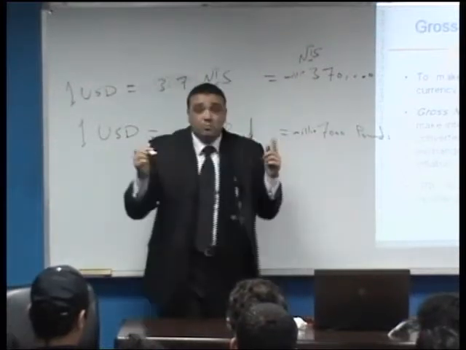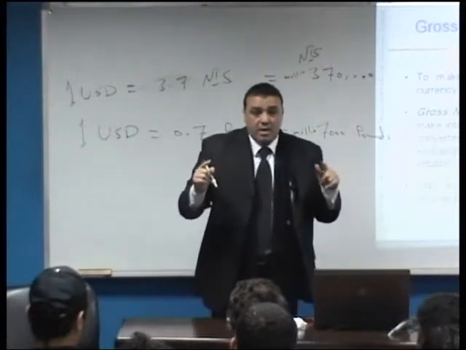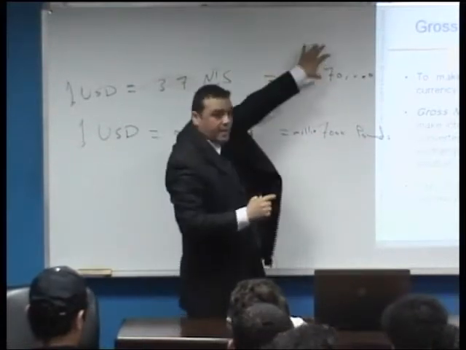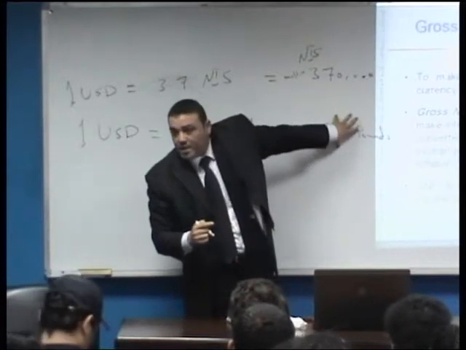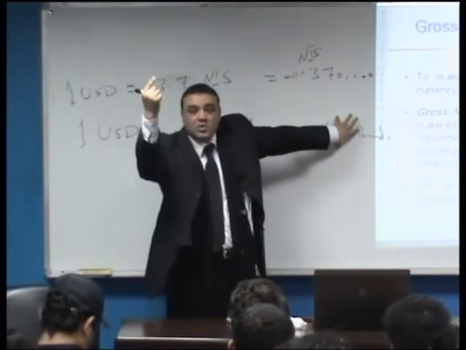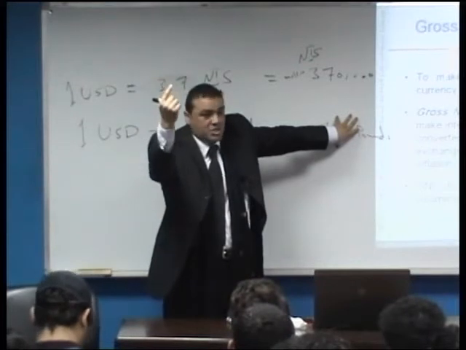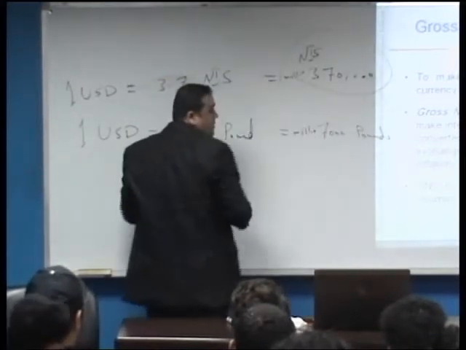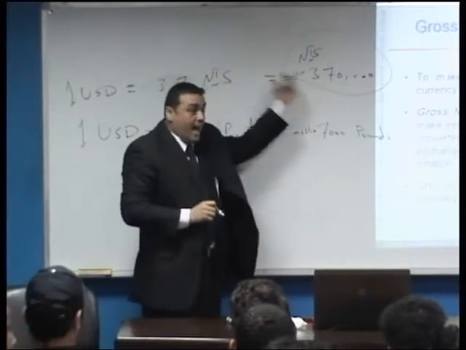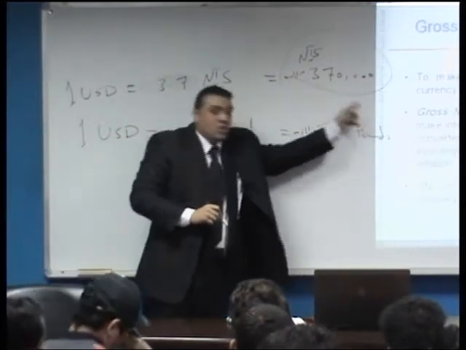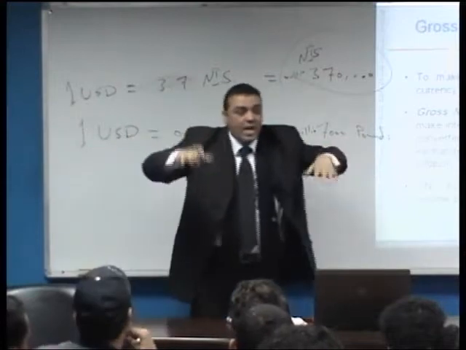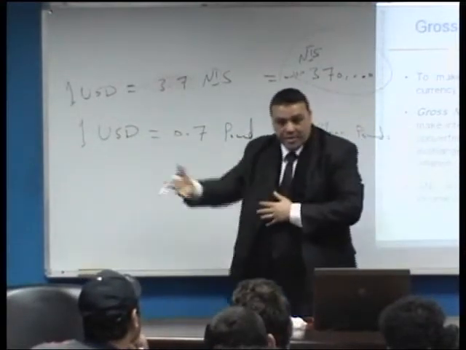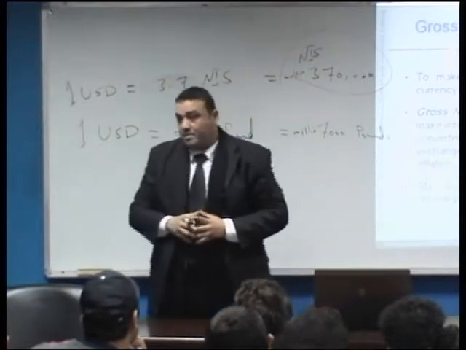To do a comparison between the situation of the Israeli economy and the UK economy, we have to use a unique measure. So we have to convert this amount to US dollar, and this to US dollar, and we have to decide which is better, the Israeli economy or the UK economy, right?